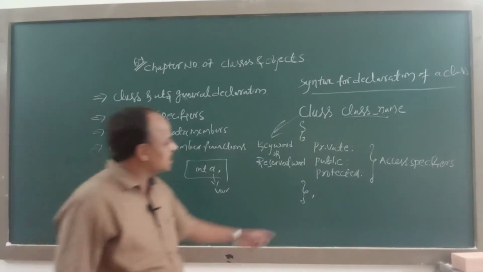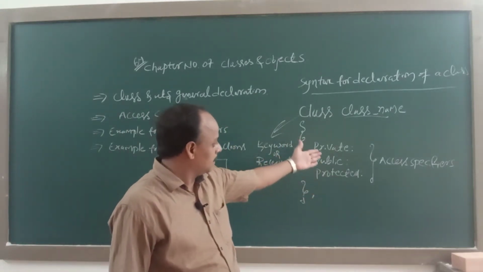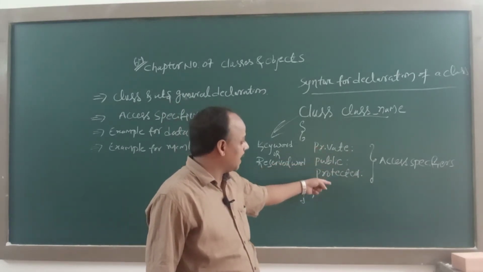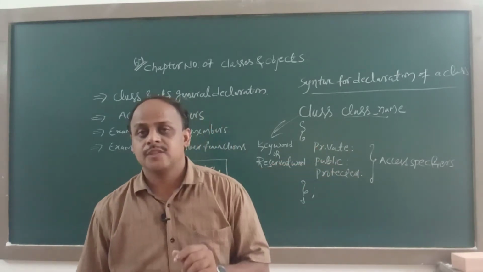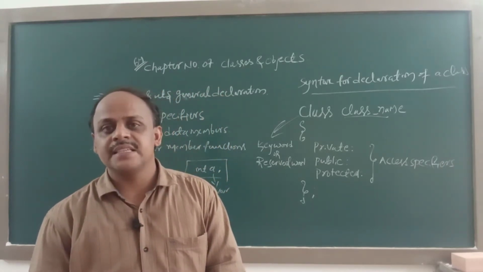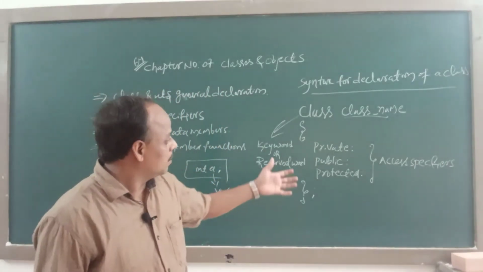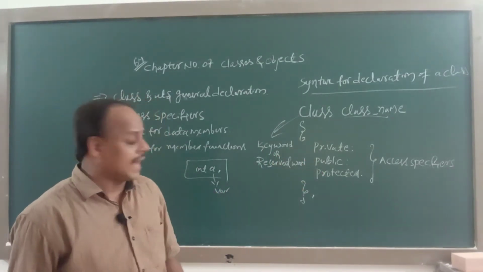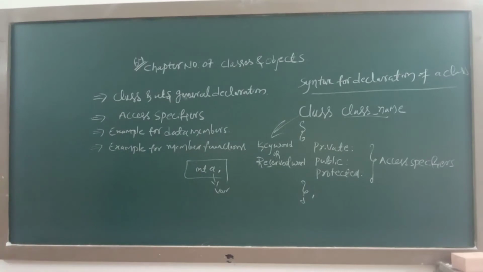What is meant by an access specifier? Access specifiers are classified into three types: private, public and protected. Actually, an access specifier is one which helps in controlling the access of data and functions.